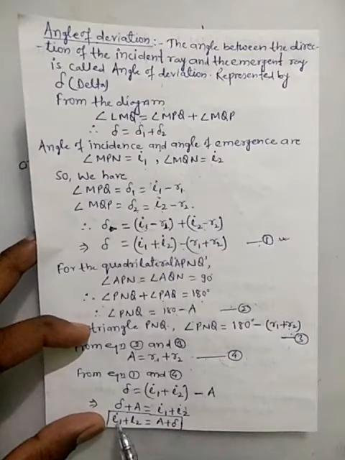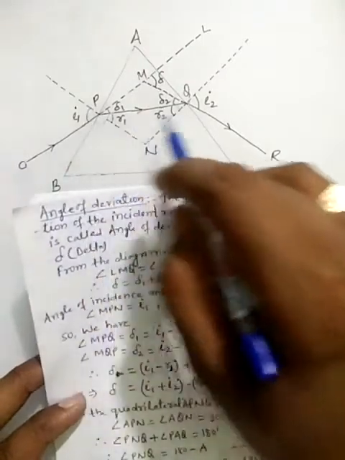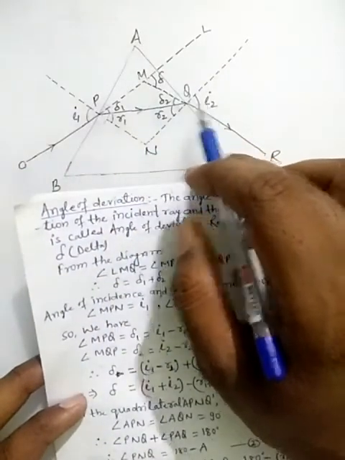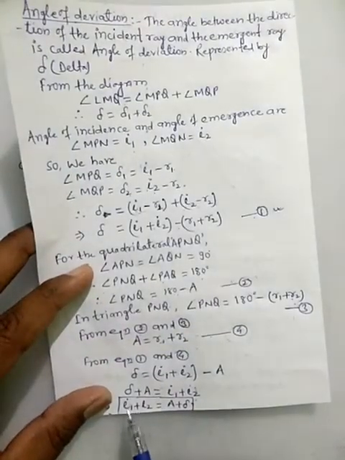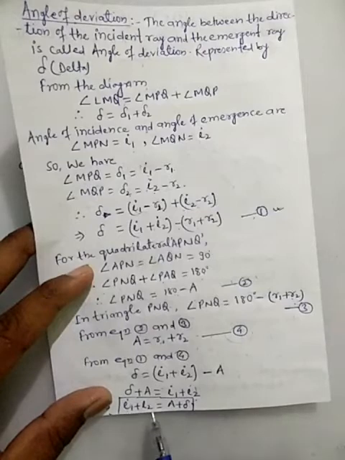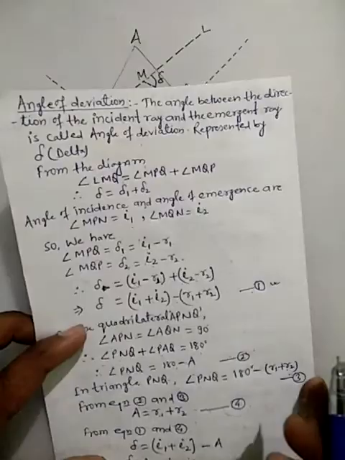That is, I1 plus I2 equals A plus delta. A is the angle of prism, delta is the total deviation, I1 is the incident angle and I2 is the emergent angle. Therefore, the sum of the incidence angle and emergent angle will be equal to the angle of prism and the deviation.